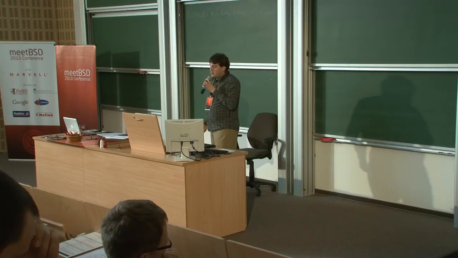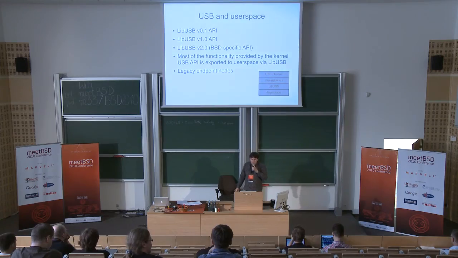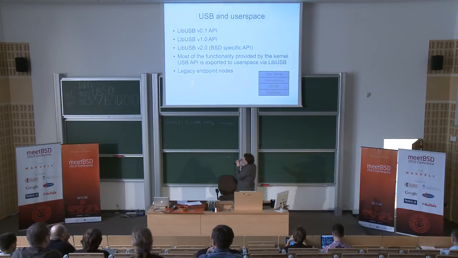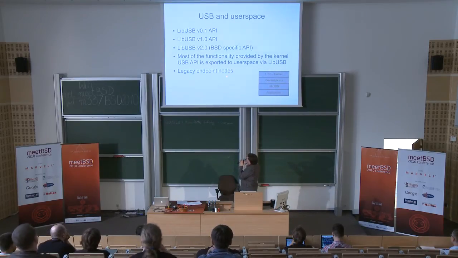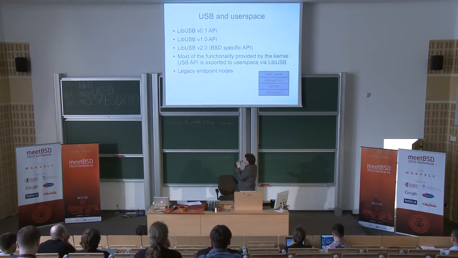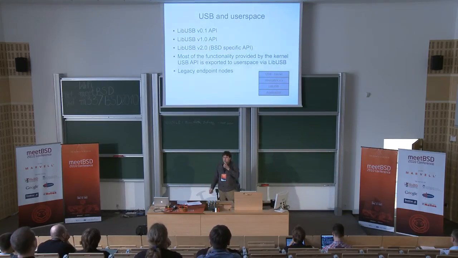Most of the functionality which I provide in the kernel is available in user space. Also, there is support for legacy endpoint nodes. That's /dev/ugen, so you can cat and echo on a standard endpoint if you need that.